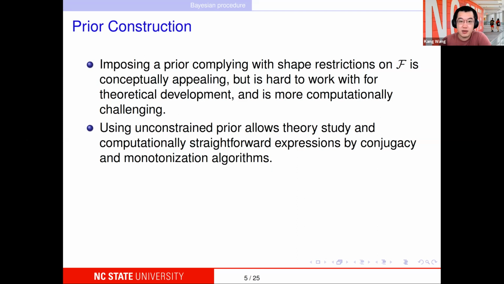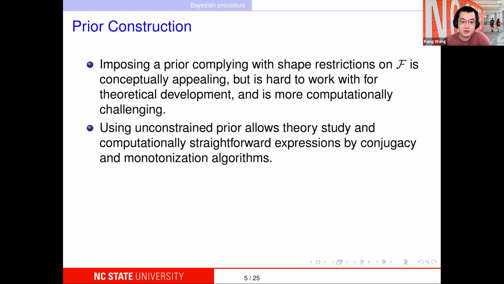But even if we can construct such a prior, its theoretical properties are hard to analyze. We can hardly get analytical, closed-form posteriors for this prior. And also we need to design some specific computational algorithm.